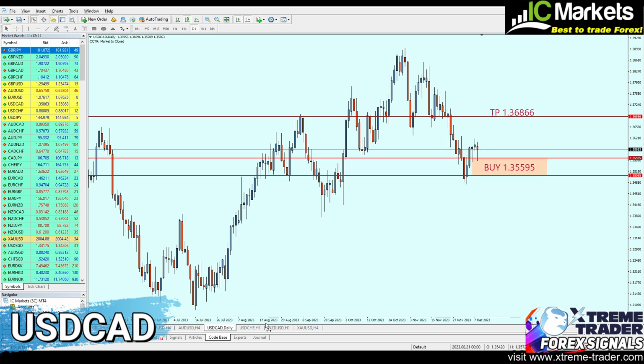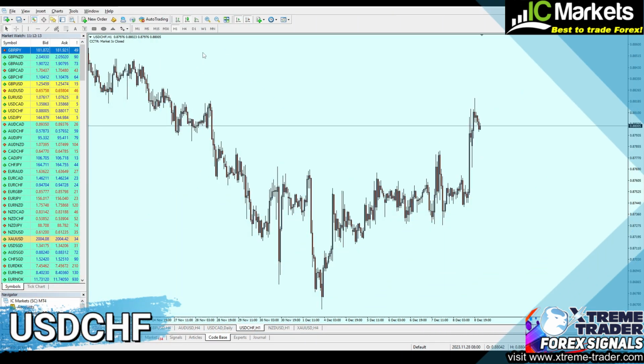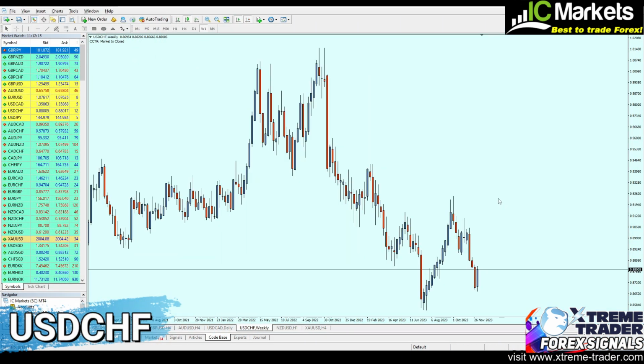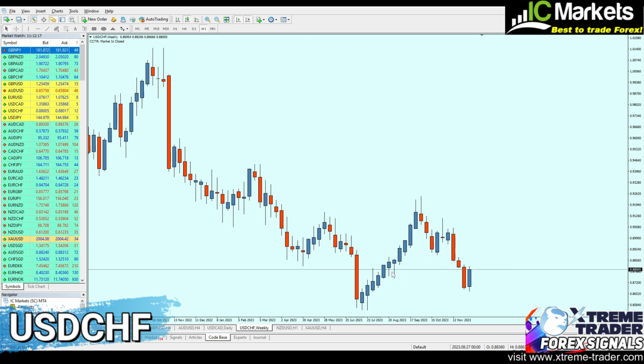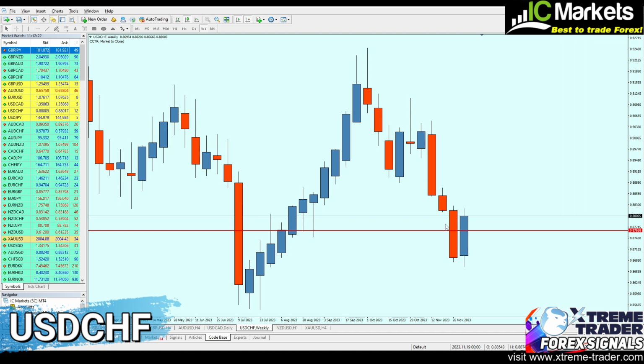Moving now to the USDCHF. So USDCHF, if we look actually, guys, at the weekly chart, has indeed been able to respect that level of a previous support and closed above this level of a support at 0.87618.